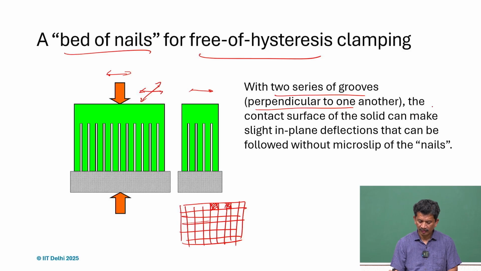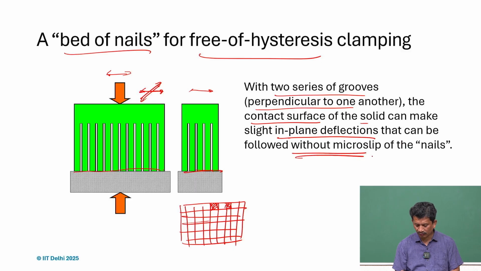So what this is saying is, the contact surface of the solid here can make slight in-plane deflections. These deflections are now possible without micro slip.